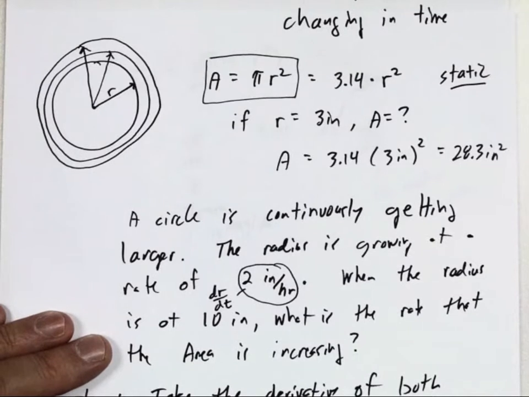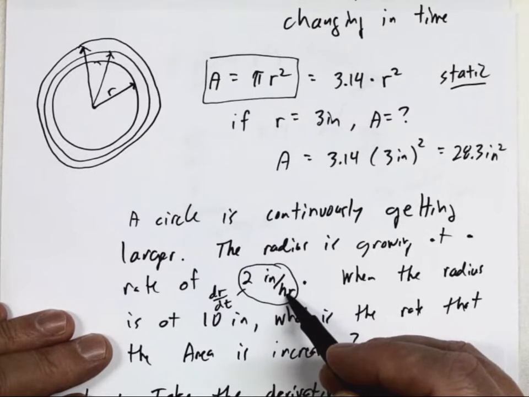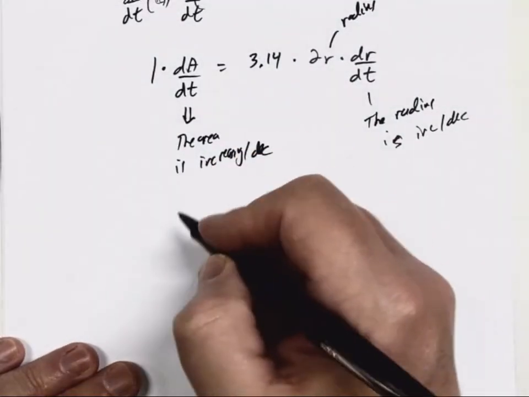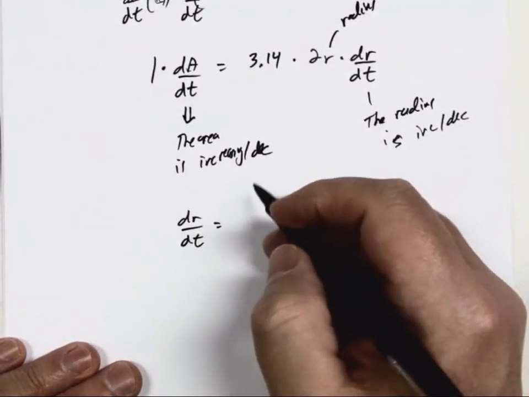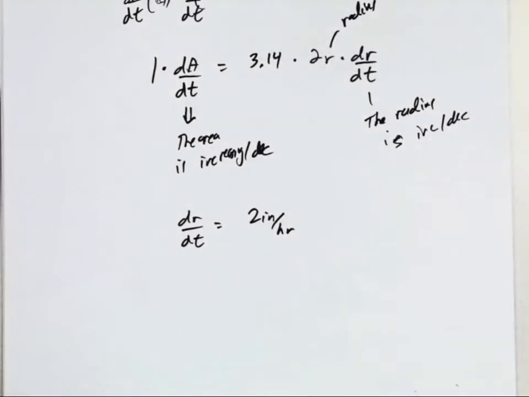That's dr/dt. It's how fast the radius is growing with respect to time. So if I go over here, let me just write it down. dr/dt is 2 inches per hour.